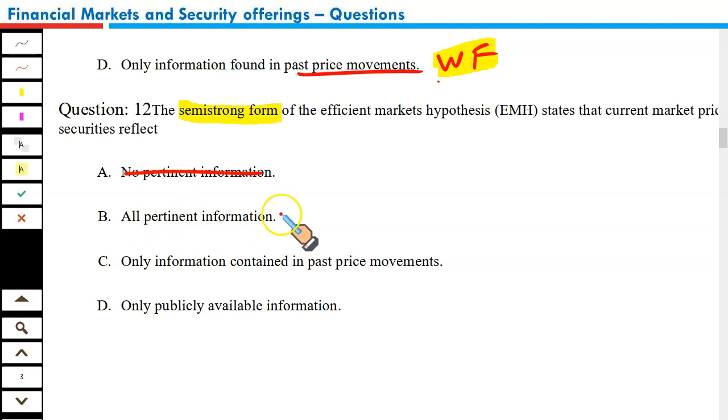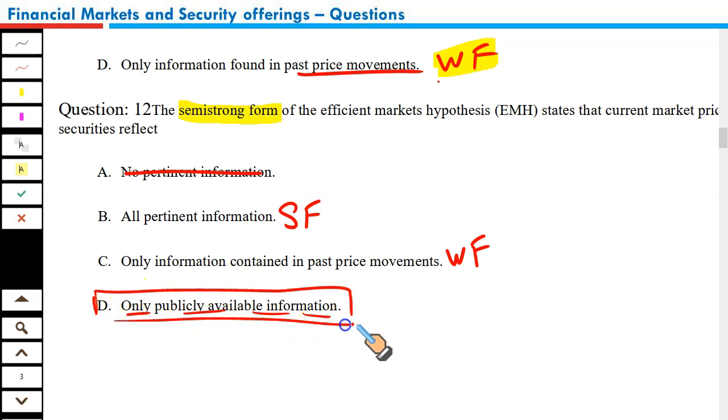All pertinent information, that will be strong form, which is not what we're looking for. Only the information contained in the past price movement, that would be the weak form. And then of course finally semi-strong form, only publicly available information. That makes it perfectly to be our right option. D is the right answer. Only the publicly available information. Moving on.